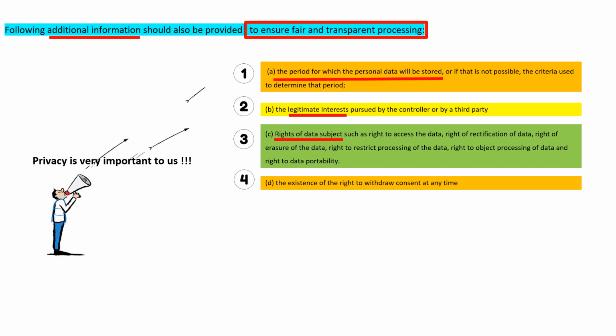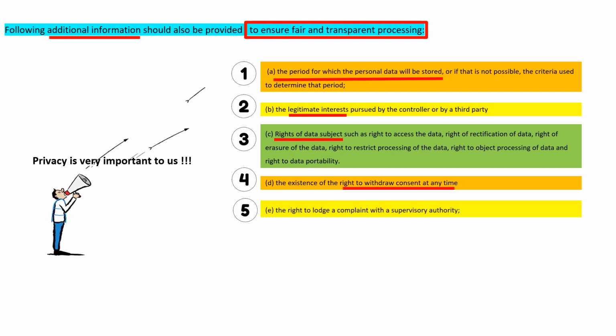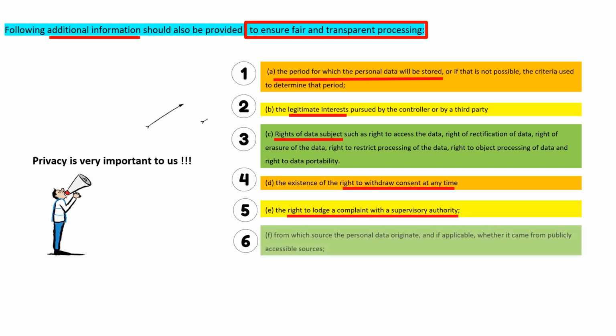Fourth one, details about the existence of the right to withdraw the consent at any time. Fifth one, the right to lodge a complaint with a supervisory authority. Sixth one, details from which source personal data is collected and whether it is coming from publicly available sources.